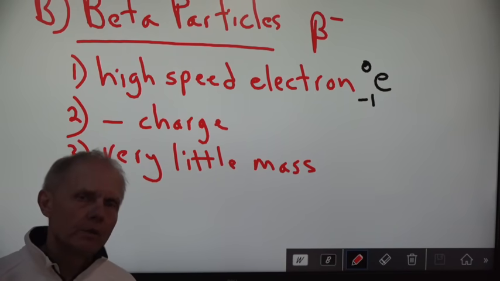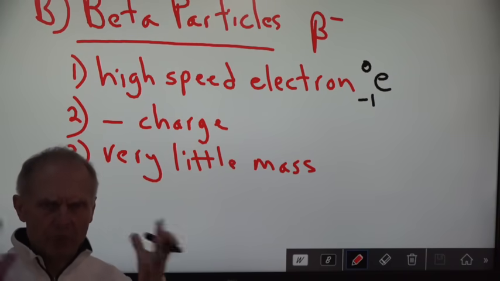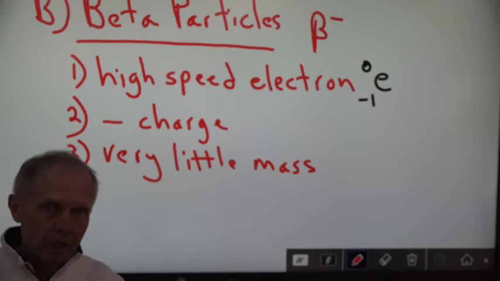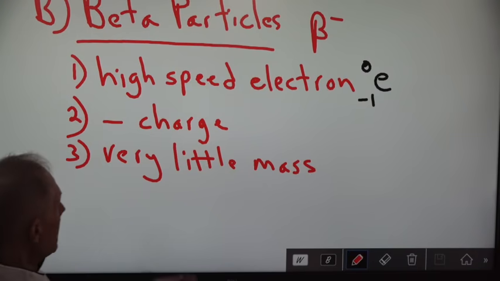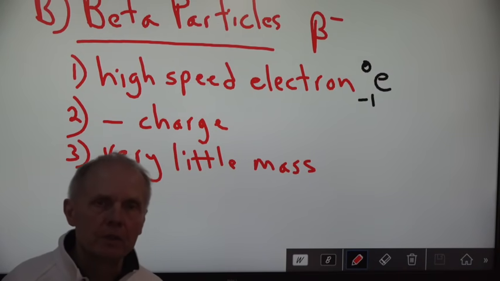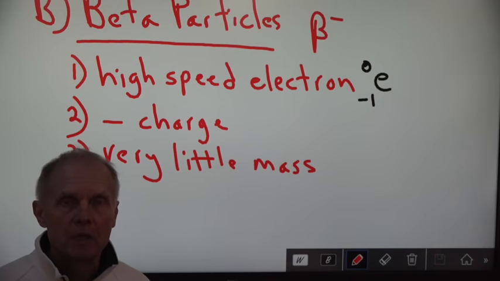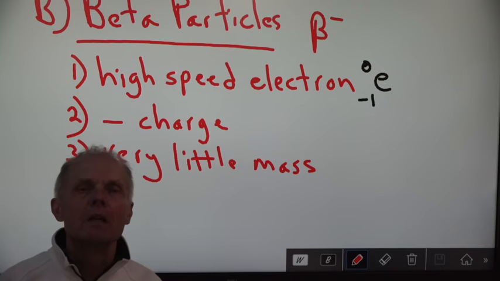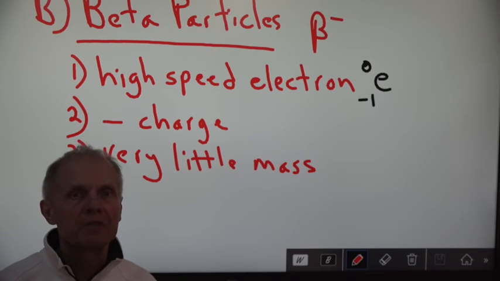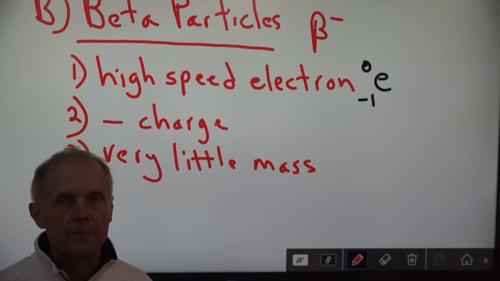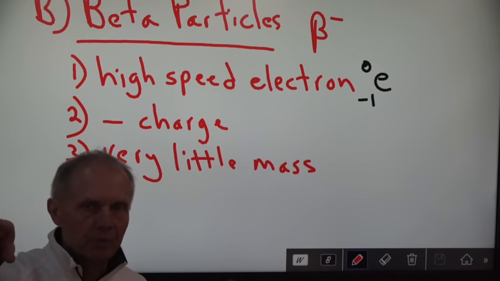Remember I told you to think about an alpha particle as a bulldozer, really big but very slow. Well, the way to think about a beta particle is as a cannonball. Cannonballs are only about this big, much, much smaller than a bulldozer, but they're much faster. So alpha particles are a bulldozer and beta particles are a cannonball.